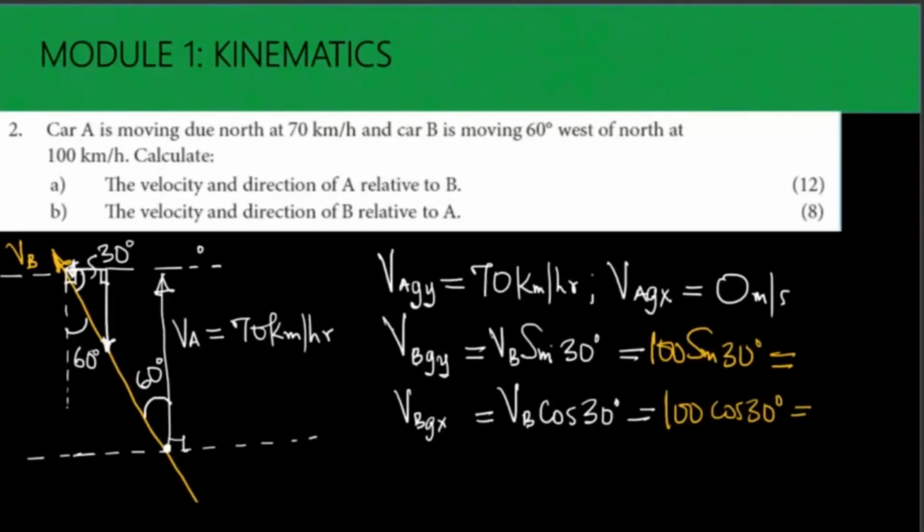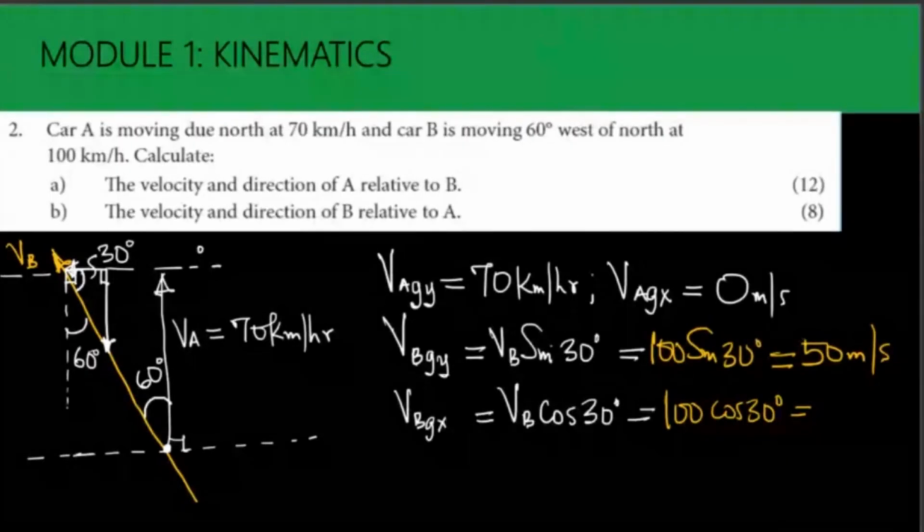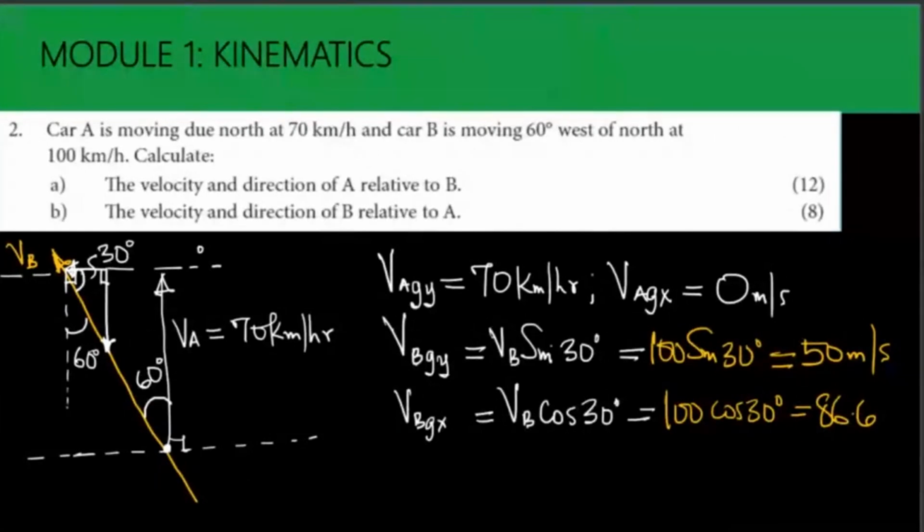Can you give me the answer for the first one and the second one? Cos 30? 86.66, or just 0.866. Thank you. All right. So we have established those conditions.